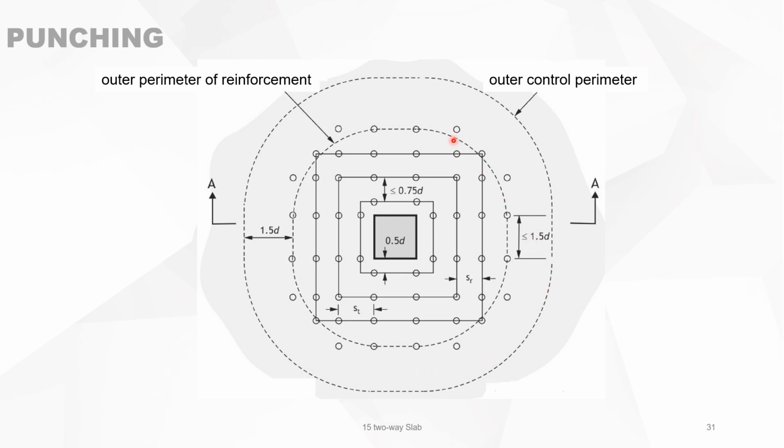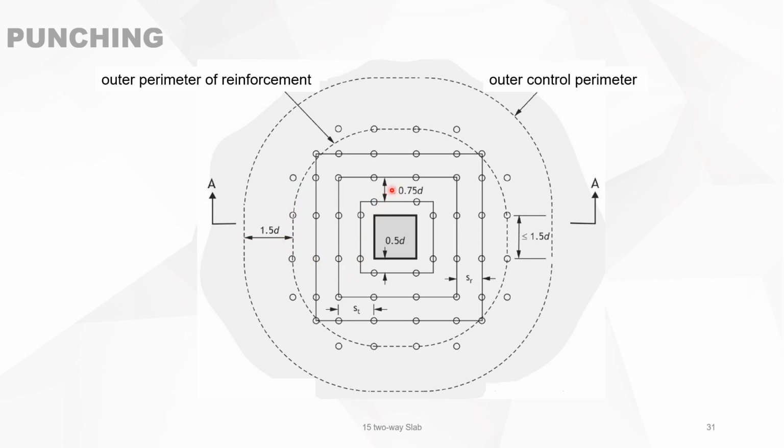You can also place the shear reinforcement in a rectangular grid. In a grid, you have the same kind of reasoning. You can summarize it by, let's say that this is the outermost control perimeter. Outside this, you don't need punching reinforcement. Inside, you will need punching reinforcement. The last perimeter of reinforcement, you take here this dotted line, must be within 1.5d.